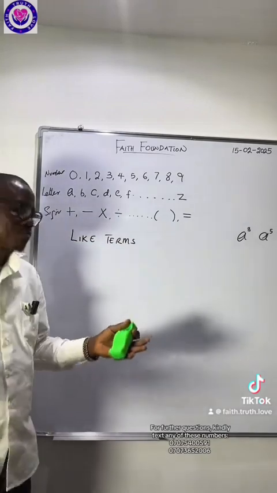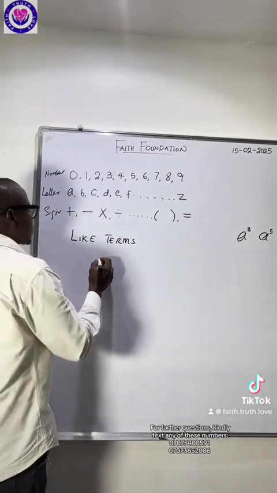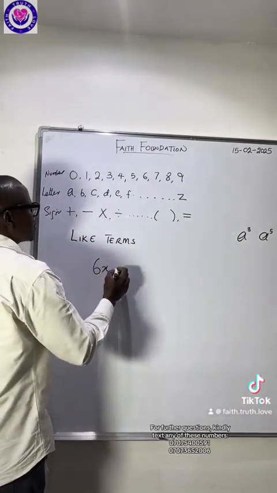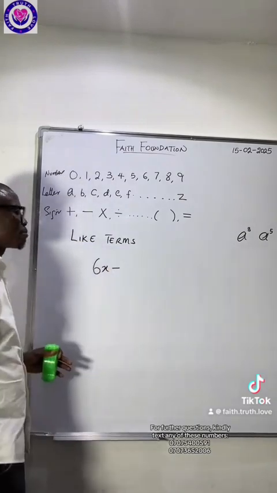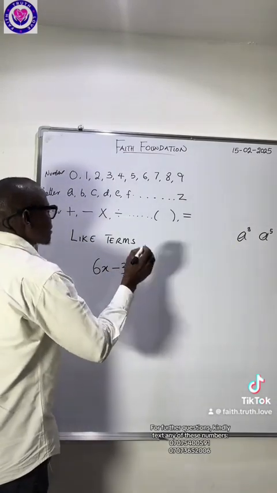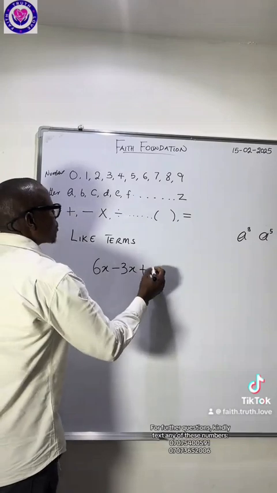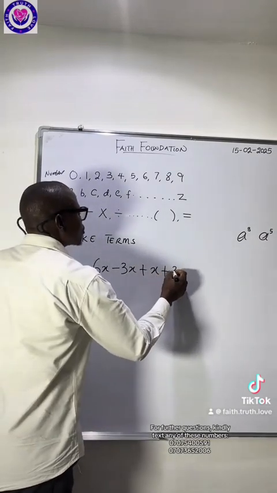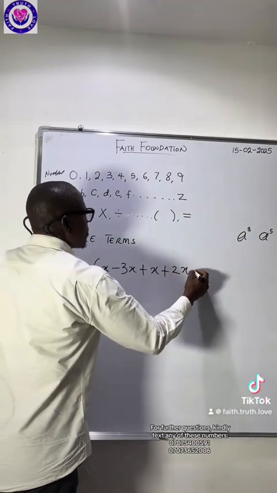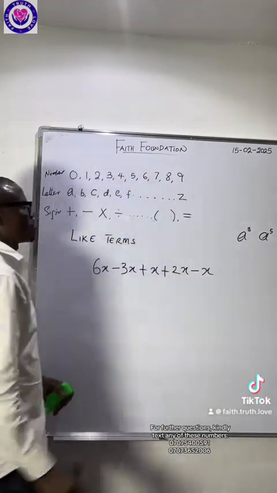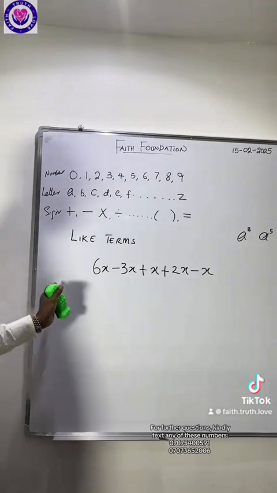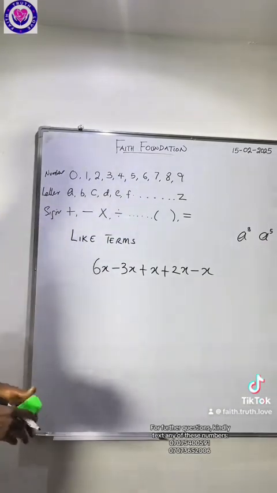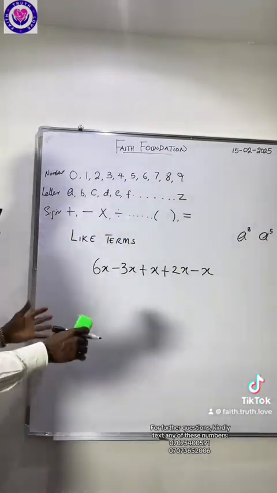So I say 6x minus 3x plus x plus 2x minus x. All these are like terms. I don't want to make it long like this. Now, in these like terms, you can do the operation.